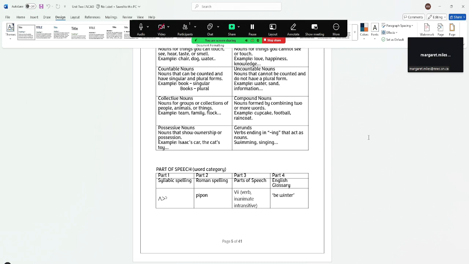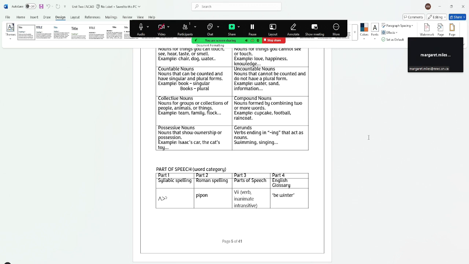So, key question 13 says come up with your own types of nouns and write them in Roman spelling. The first one is proper nouns, common nouns, concrete nouns, compound nouns, possessive nouns.